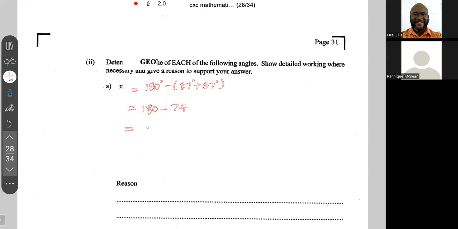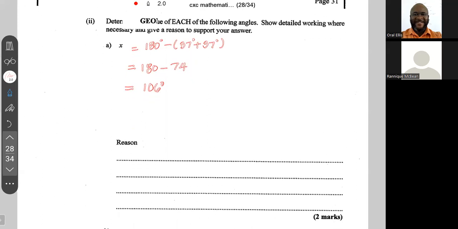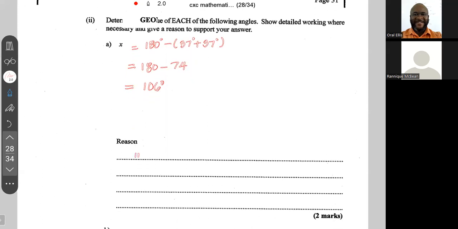So X is 106 degrees. And the reason for that is that these are the interior angles of an isosceles triangle. All right, so we have X.